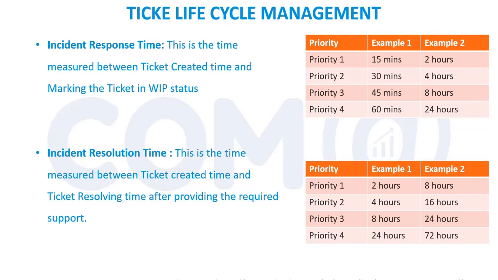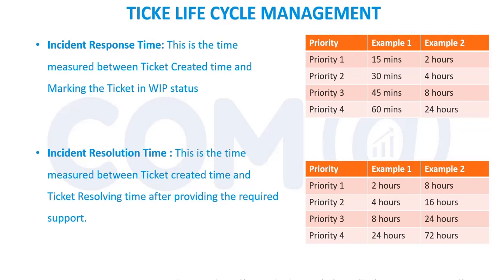Say, for example, if it was a P1 ticket and I took 20 minutes to respond to the end user, it means I have already violated the P1 response. This should not be the case. We should act quickly, within 15 minutes. Once the ticket is created, the time starts.